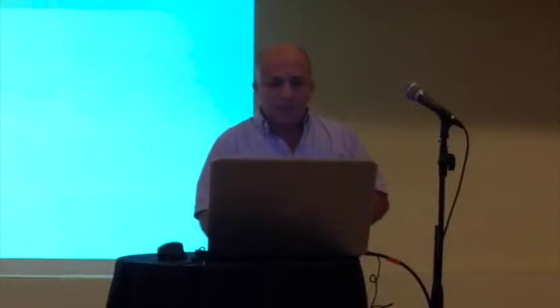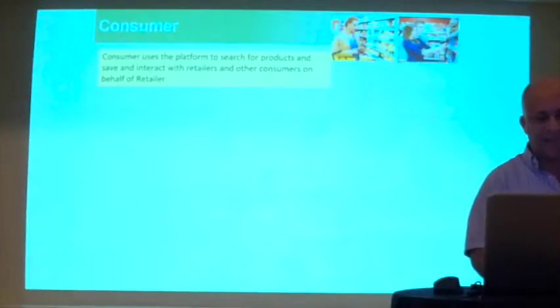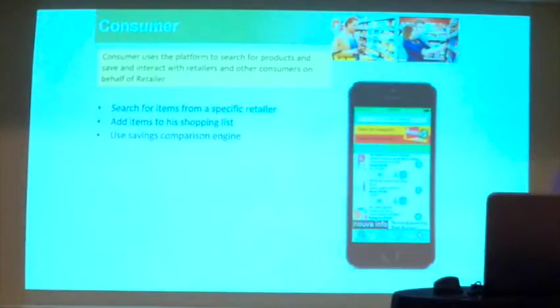Now, what does the consumer get? The consumer uses the platform to search for products, save, and interact with retailers and other consumers on behalf of the retailer, working for the retailer indirectly.